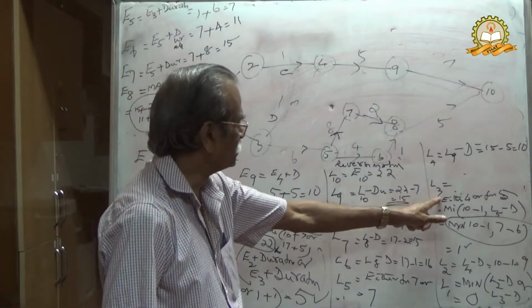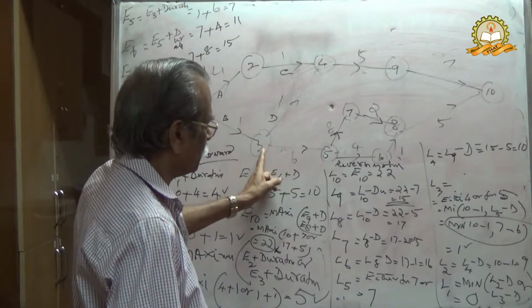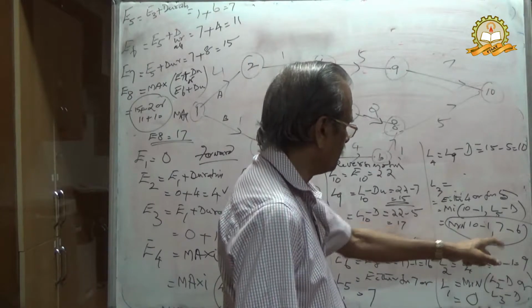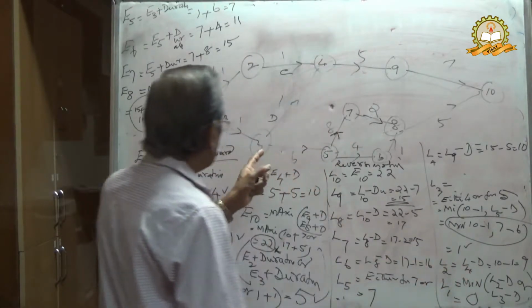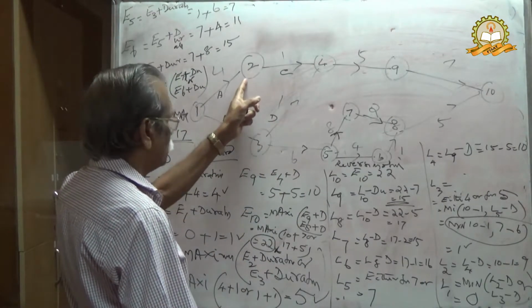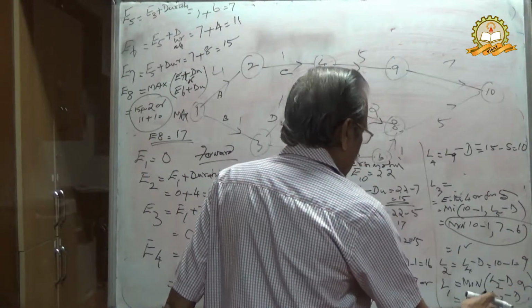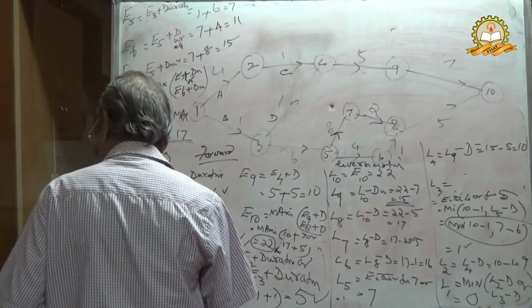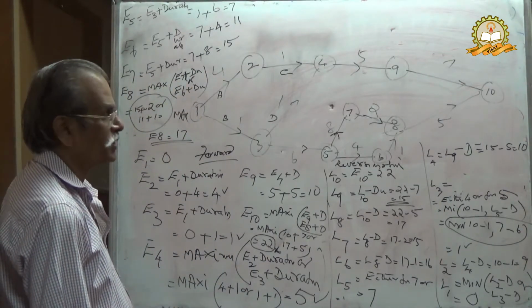I repeat, L3 is reached from 4 or from 5, minimum equal to 1. Therefore we have found out all the estimates.